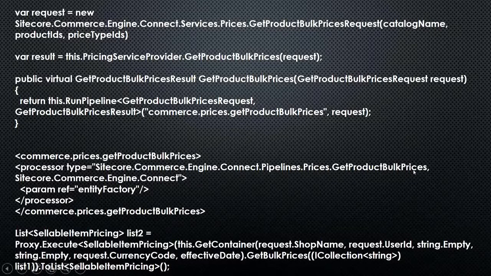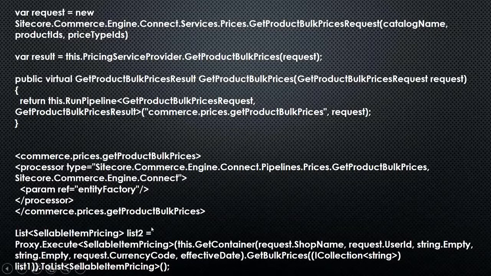Okay, and what that pipeline looks like is Sitecore Engine Connect Pipelines Price GetProductBulkPrice. So it's basically calling that method from the Engine Connect. I didn't put all the code here, but the main part of it is in this pipeline method. It calls proxy.Execute and asks for sellable item pricing.